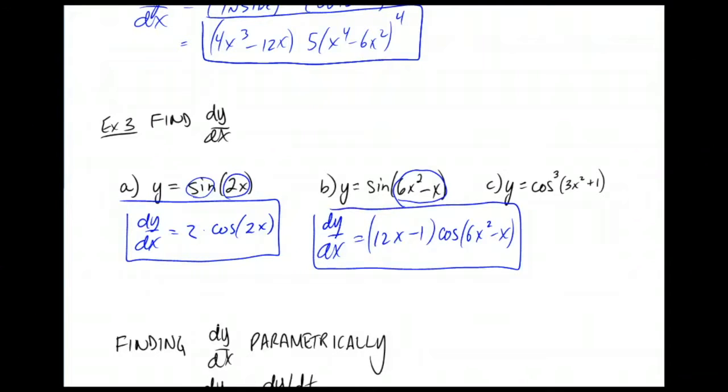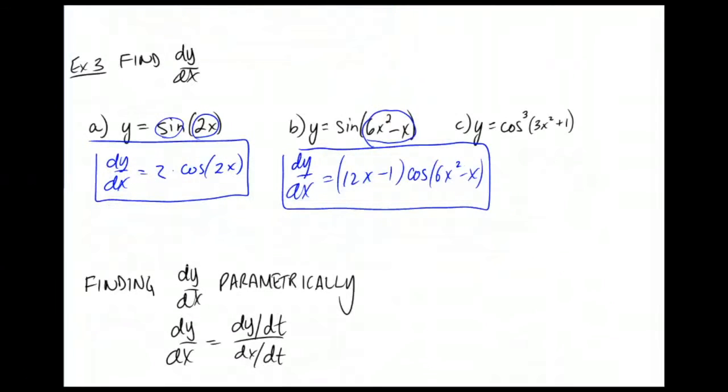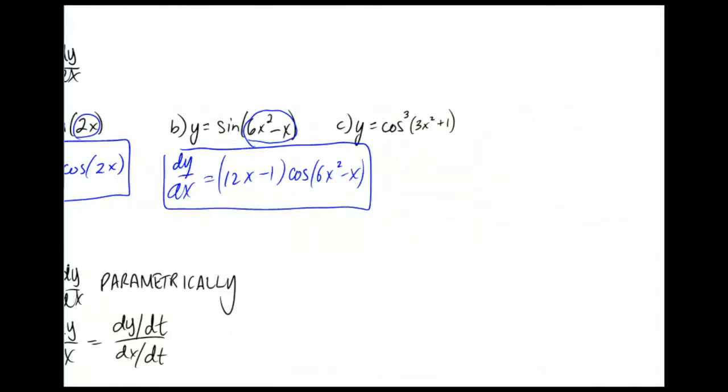Now press pause and go ahead and try example C, which has 3 functions. Example C can be differentiated more easily if we rewrite this as cosine of 3x squared plus 1, that whole quantity cubed.